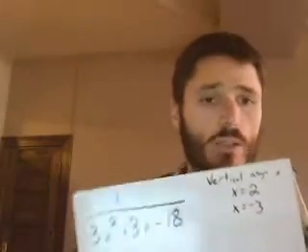So what does that mean? That means I have 2 vertical asymptotes. I have one at x equals 2, and I have another at x equals negative 3. Okay? So how does that help me determine the domain? Well, that's really easy. We can plug in anything we want for x except what?